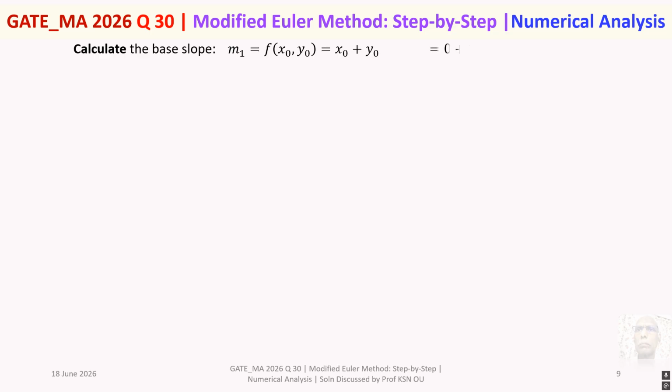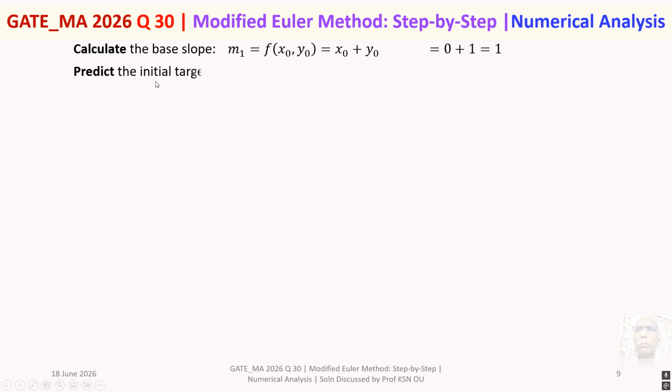To work out this problem, you have to remember the algorithm. Calculate the base slope. You start with n is equal to 0. m1 is equal to f of x0, y0, which is x0 plus y0, that is 0 plus 1, which is equal to 1.